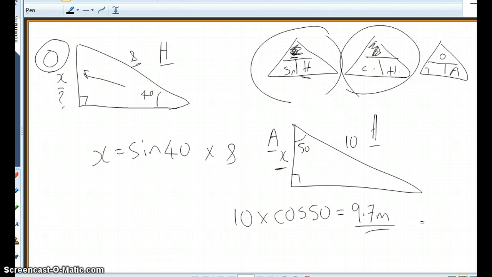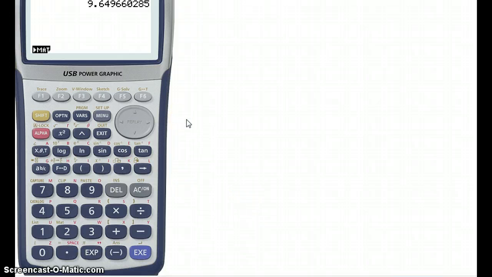Now, in the exam later this year, they will reset your calculator so that you can't store any information on it. And sometimes, with the graphics calculator, it puts it in the wrong mode.